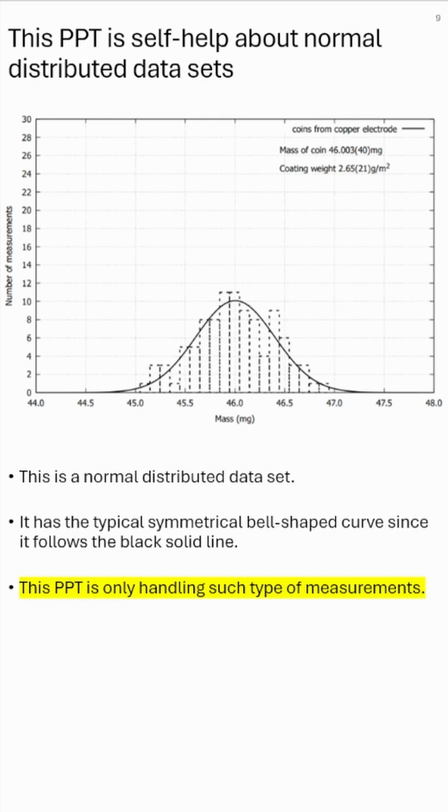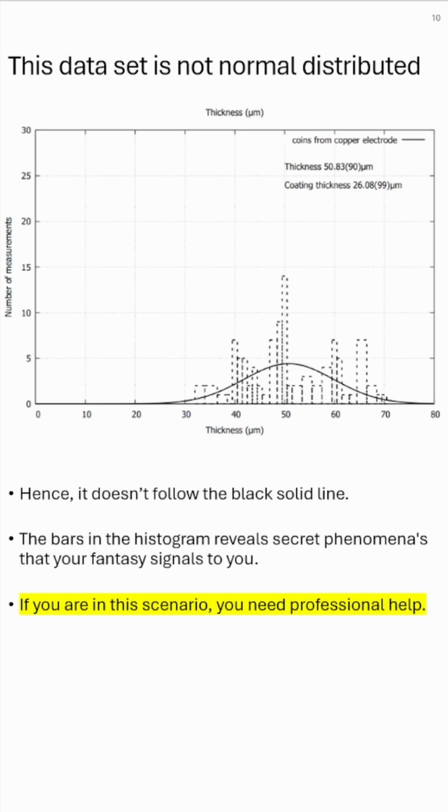And this PPT is only handling these kinds of measurements. Here we have an example of a dataset that is not normally distributed. It's still about the coated copper coins, right? But now we have a different physical quantity. We're measuring thickness instead; we see thickness here on the x-axis. If we look at the boxes here, they tend to aggregate in their own groups.